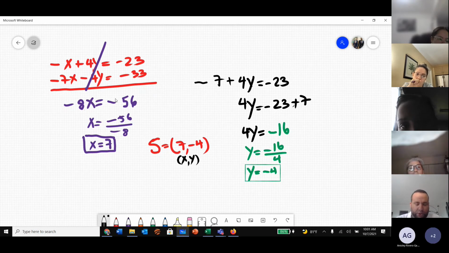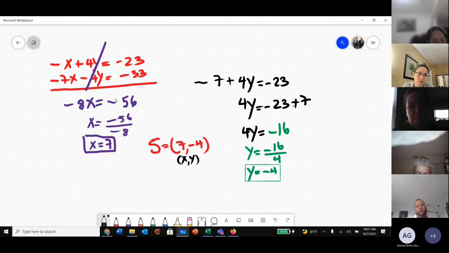No, you take whatever equation you want. Doesn't matter if you take the first one or the second one, you get the same result. I take the first one because it has fewer numbers. Any other questions related to this exercise?